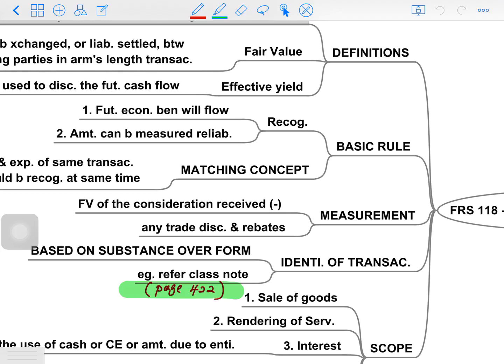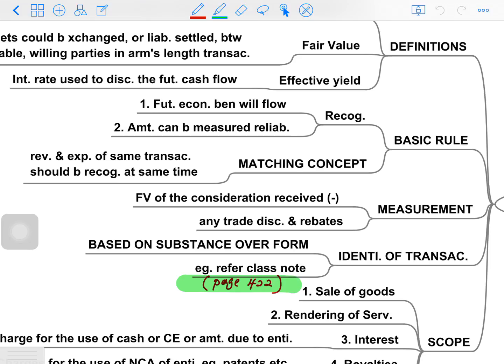Now, another basic rule is that in terms of revenue, you have to apply the matching concept. Normally revenue earned for that period must be matched with the cost incurred for that period.